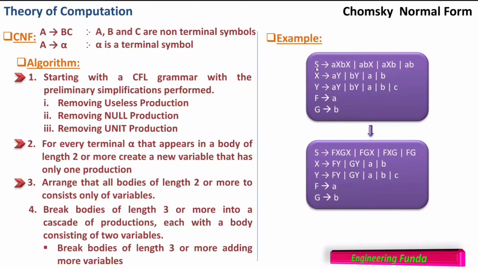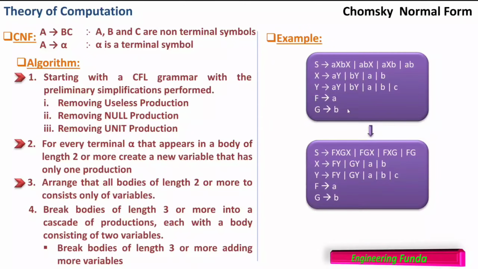So the production S tends to AX, BX is now S tends to FX, GX. The same thing is done with the next production ABX. A is replaced with F, B is replaced with G, and X stays as it is. So now S tends to ABX has become S tends to FGX. Same way S tends to AXB has become S tends to FXG.